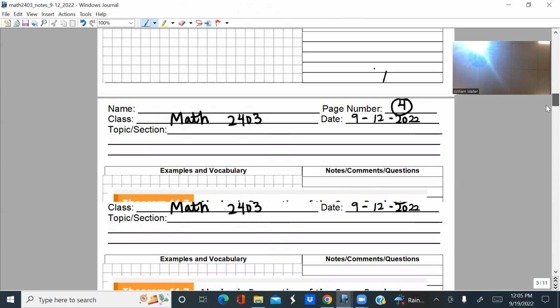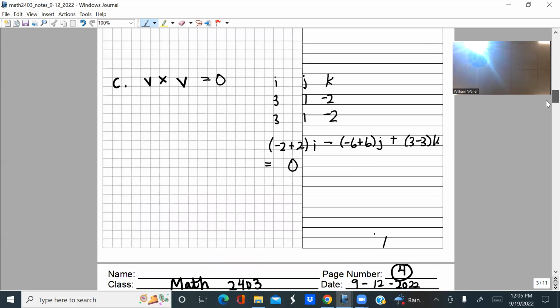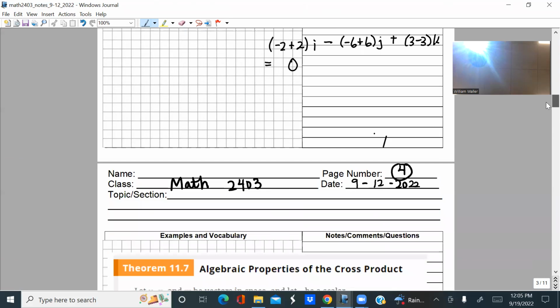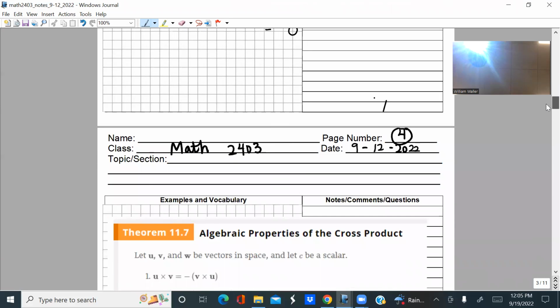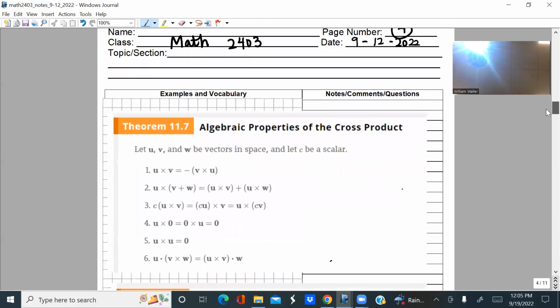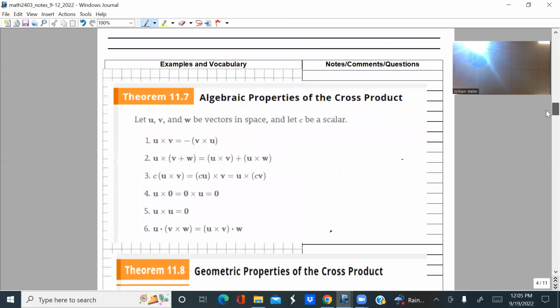Now, of course, we can mix up cross products and, oh, I thought I had another example, but I don't. Okay. All right. Well, we can mix up cross products and dot products, and we can mix up cross products with scalar multiples as well. So here are some of the algebraic properties of cross products.